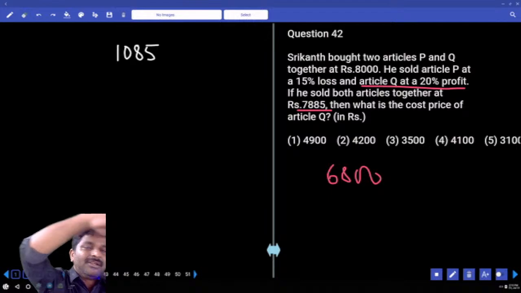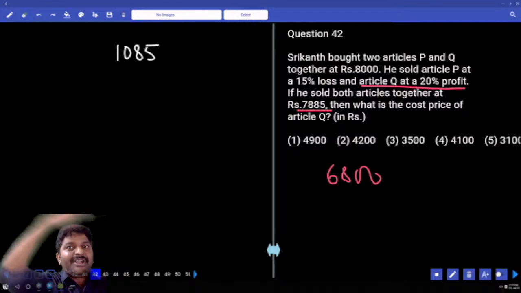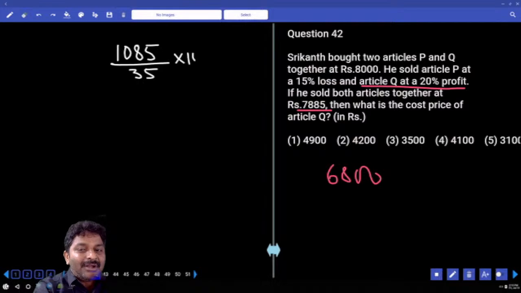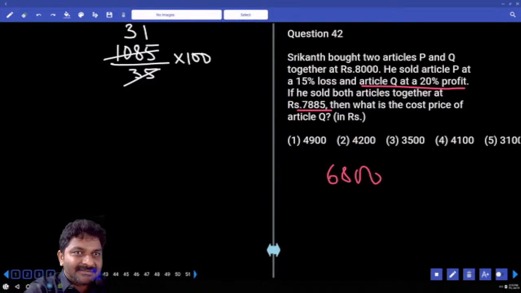So 15% loss to 20% profit. What is the gap? 35% reduction is there, and that 35% value is 1,085. So 1% value is 1,085 by 35, and the actual value, 100%, is 3,100. Final answer.